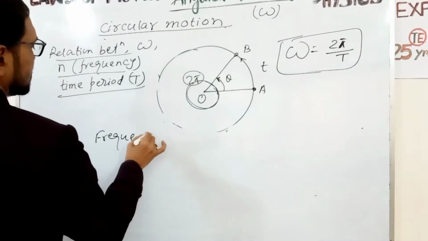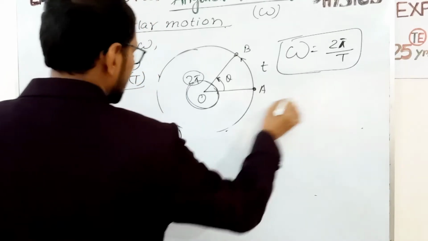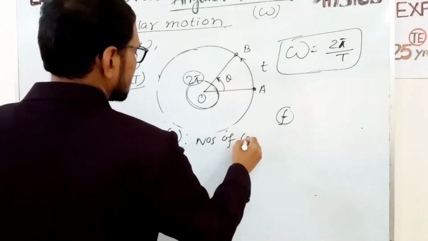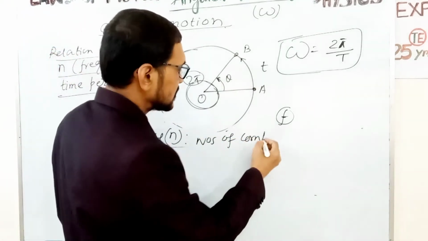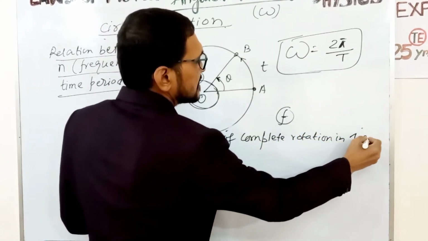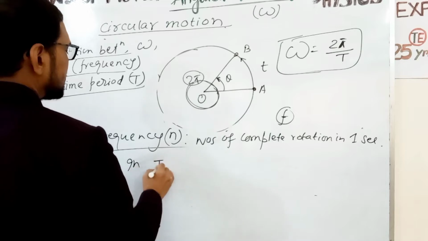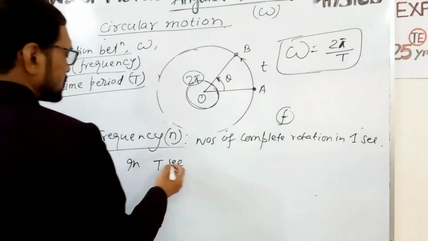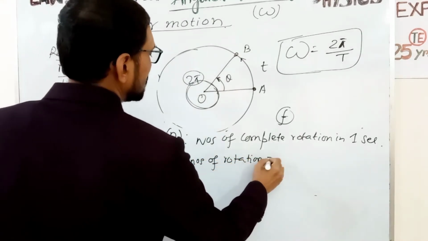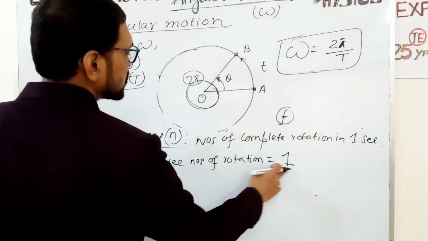Now what is frequency? Frequency is denoted by n here. Sometimes frequency is denoted by small f, but here we denote frequency as n. Frequency is the number of complete rotations in 1 second. t is the time taken to complete one rotation, so in t seconds the number of rotations equals 1.